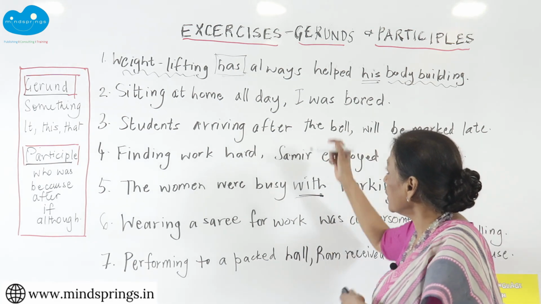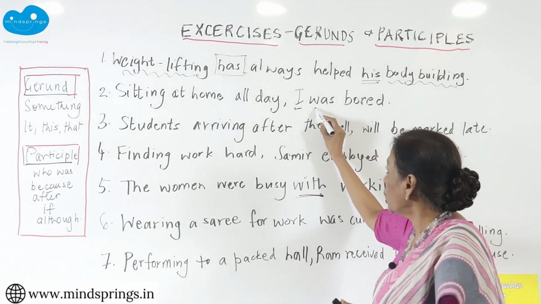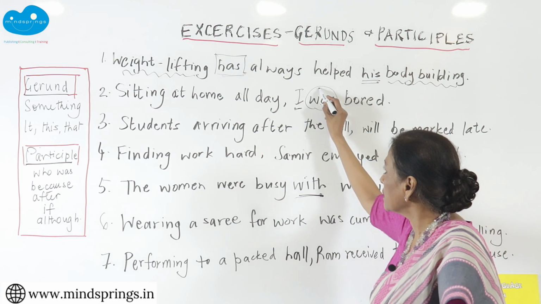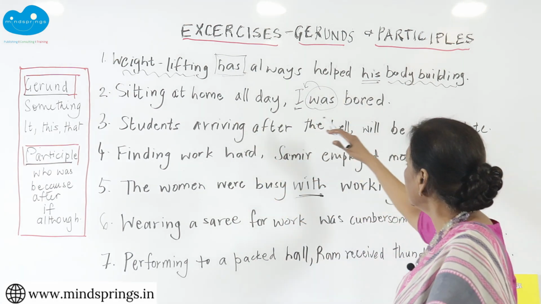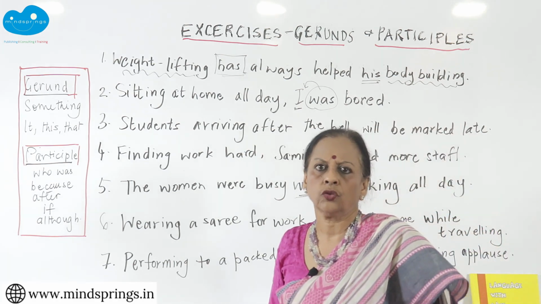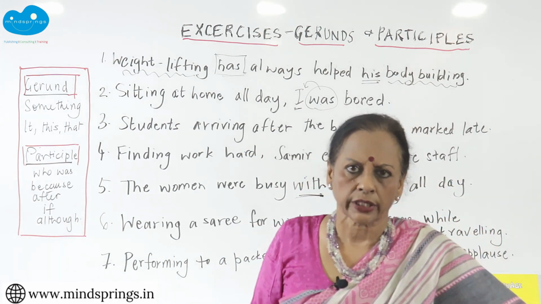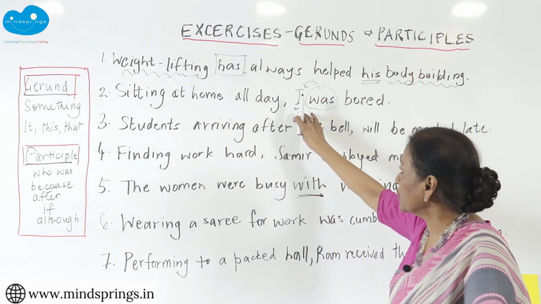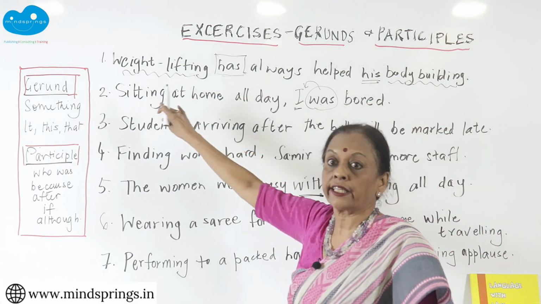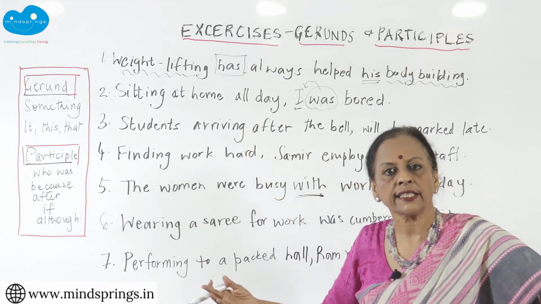But here you have got I and was, which is the verb. The subject is I, the subject is not sitting. You are not saying sitting was bored, are you? No, you are saying I was bored. I is the subject. Sitting at home all day, what you are trying to say is I who was sitting at home all day. See, it will make sense.